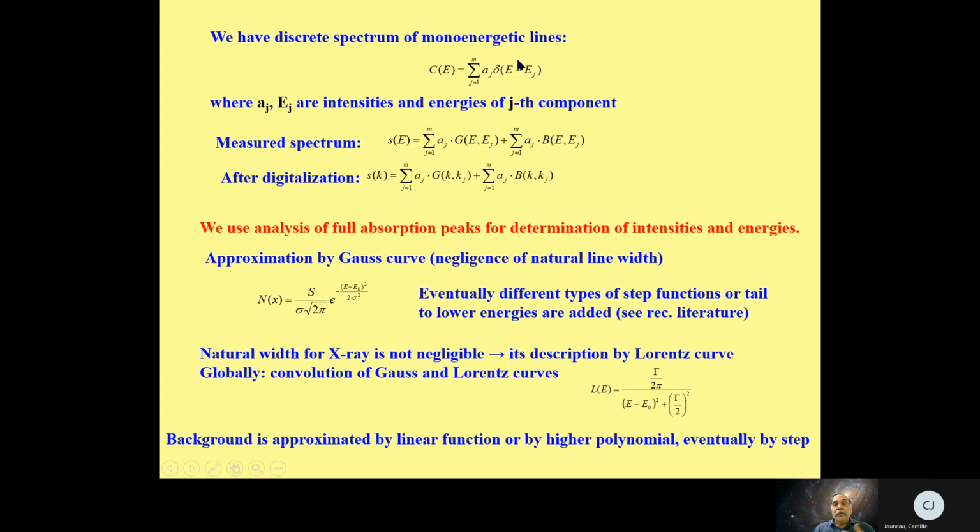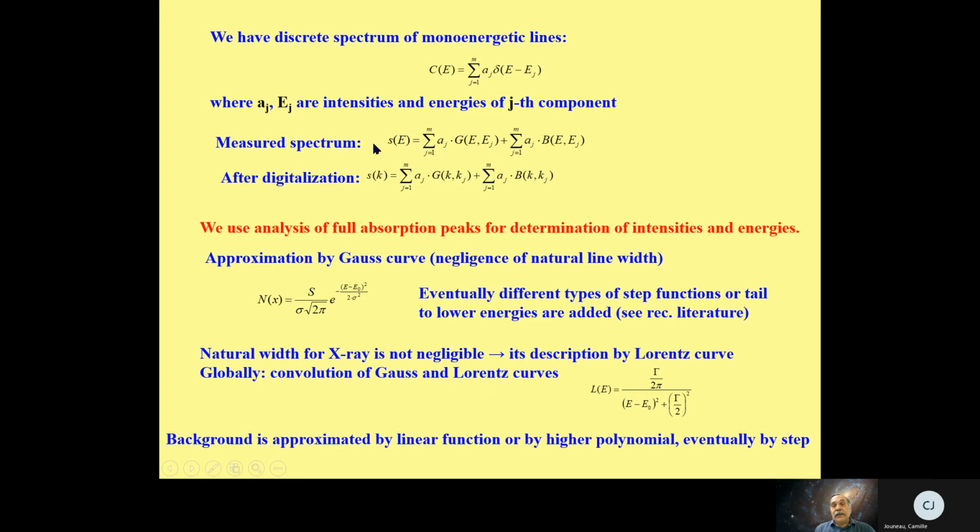We have some discrete spectrum of monoenergetic lines. And in this case, the measured spectrum again will consist of these parts which are given by the full absorption peaks, and also these parts which are given by the continuous background.